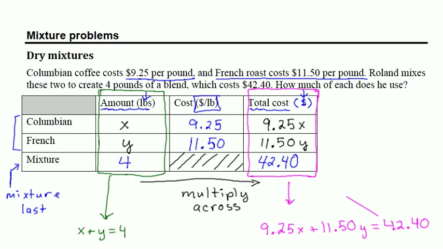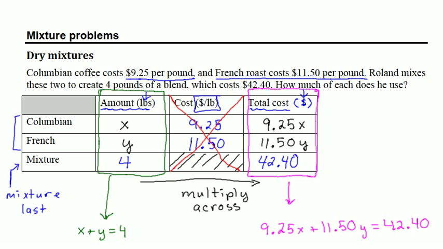We don't make an equation out of the middle column. We never do, because these are not additive. There is a relationship here, but it's more true that the mixture would be some sort of weighted average of the costs per pound of the other two, and that would be a little too complicated of a relationship.